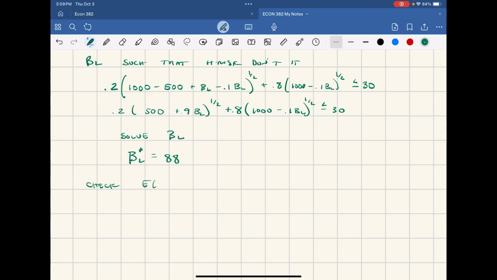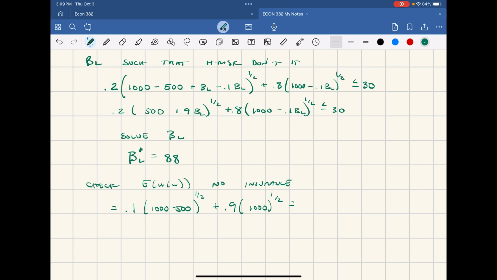Now, the other way to check for this is, let's go ahead and check what's the expected utility of no insurance for the low-risk individuals. And so that is going to equal the probability the event happens for them, 0.1, times (1,000 minus 500) to the 1/2, plus the probability it doesn't happen, which is 0.9 times 1,000 to the 1/2.